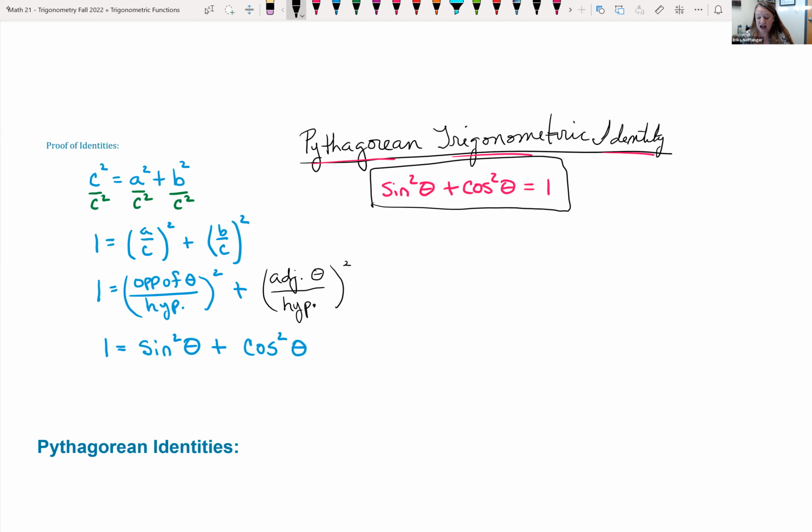So to prove the other 2, what we want to do is take the equation we just got, sine squared theta plus cosine squared theta equals 1, and divide through by sine squared theta. So we multiply both sides of our equation by 1 over sine squared theta.